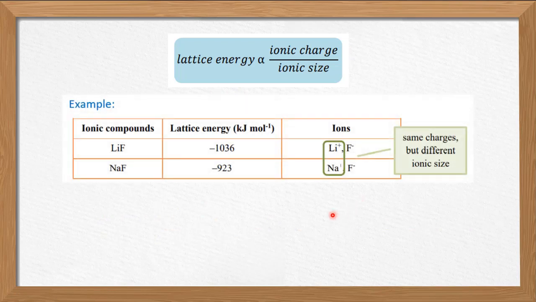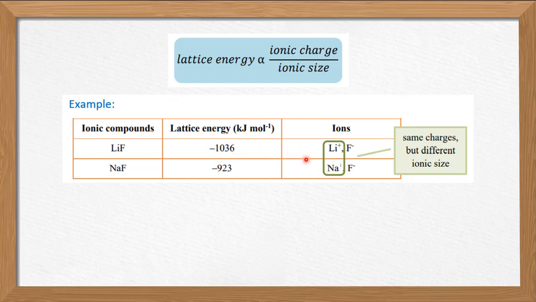The next example. The second example gives you lithium fluoride and sodium fluoride. Again, the negative sign of lattice energy refers to bond formation, so from gas into solid. As we can see over here, lithium fluoride has a more negative, or bigger, lattice energy.